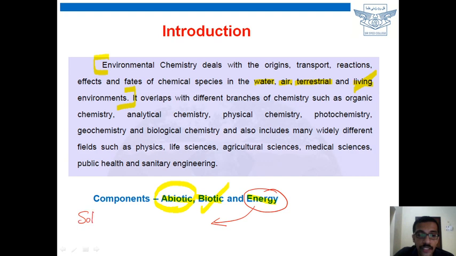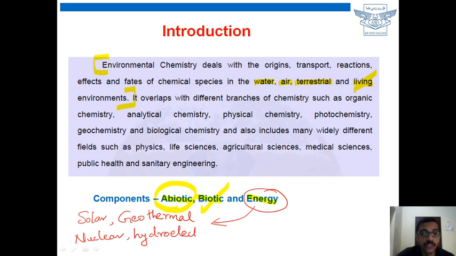You have solar energy, you have geothermal energy, etc. You do have other energies such as nuclear energy, hydroelectrical energy, and you even have thermoelectrical energy.